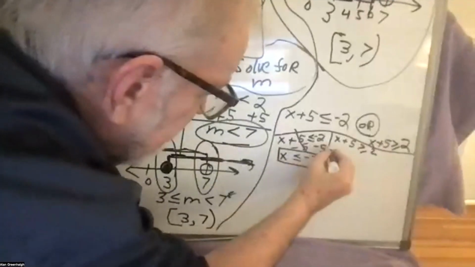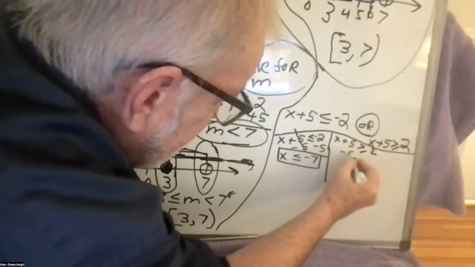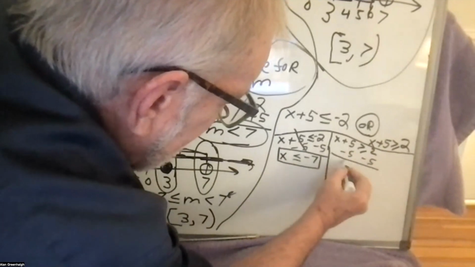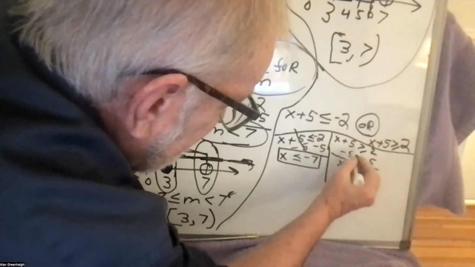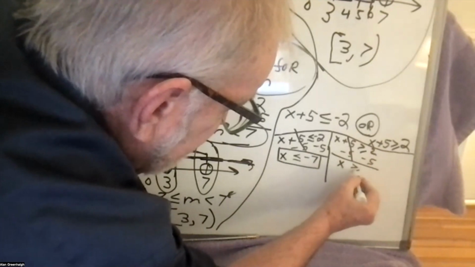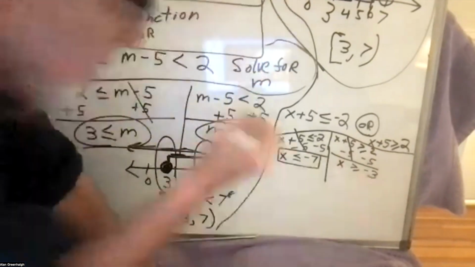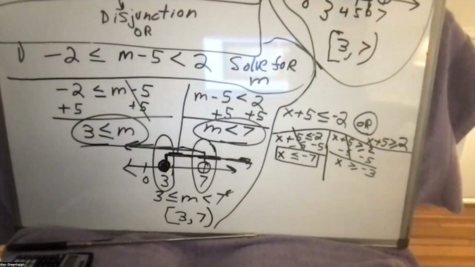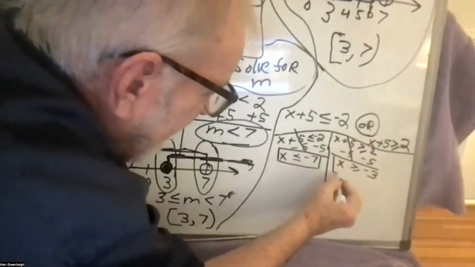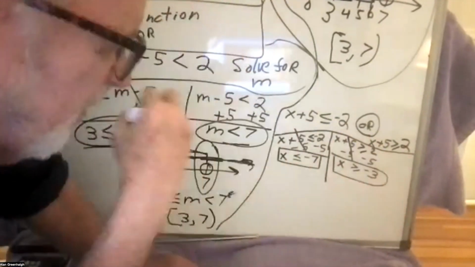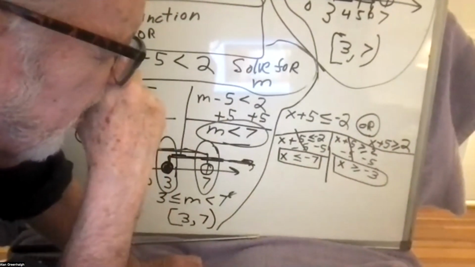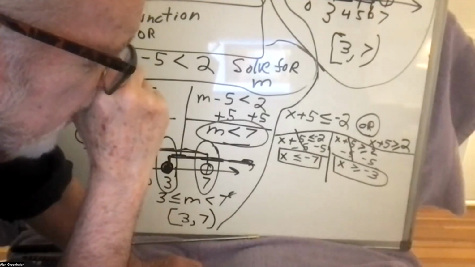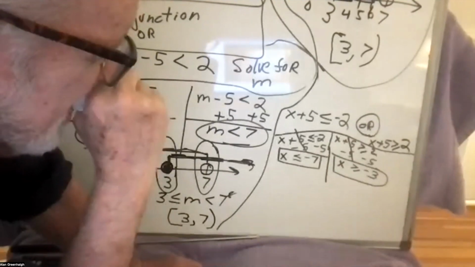And the other part is -5 on both sides. X is greater than or equal to -3. What did I do wrong? Oh, no, nothing. Thought I left out another negative sign, but I didn't.